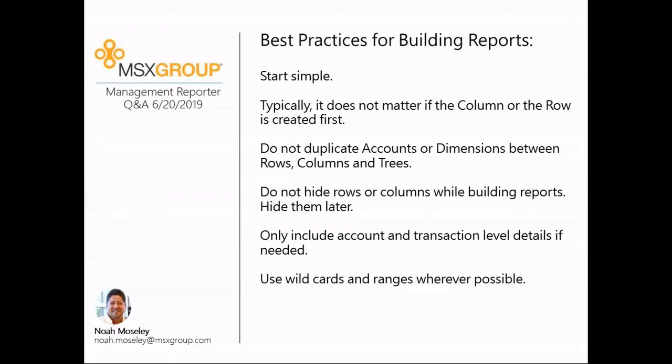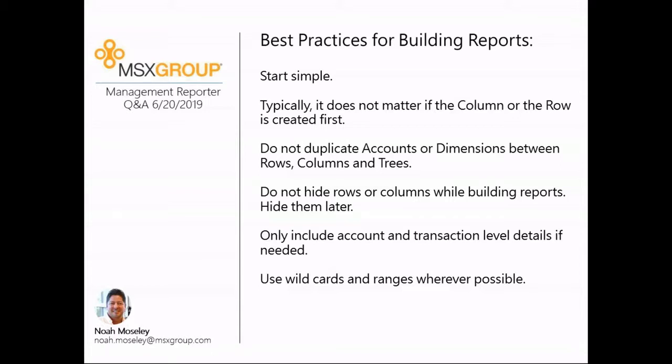Typically, when you're building report definition, it doesn't usually matter if you're going to build the column first or the row first or the tree first. So you can build those in any order and then go to your report definition and use those in the report definition. There are some cases where you do need to build, say, the column first or the reporting tree first.